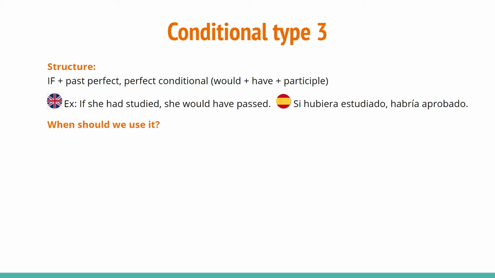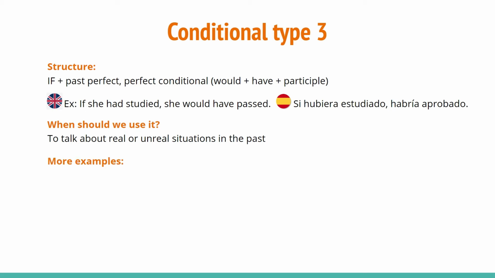When should we use this type of conditional? I'll tell you that it's quite easy. We will use the third conditional to talk about real or unreal situations in the past. So every time we have a conditional sentence in the past, we must use the third conditional.